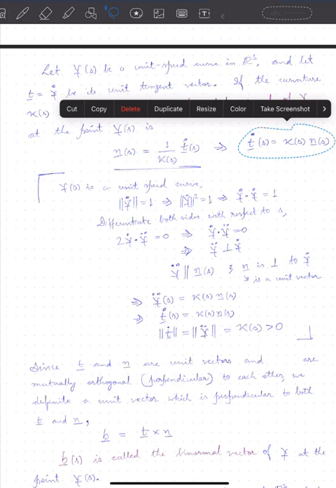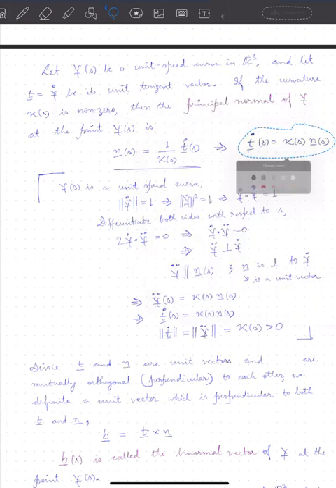A very important quantity. So let it interact.